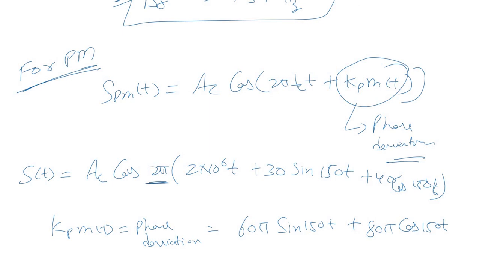We multiply the 2 pi into this argument and get kp into m(t).